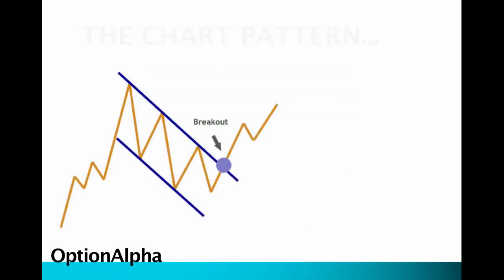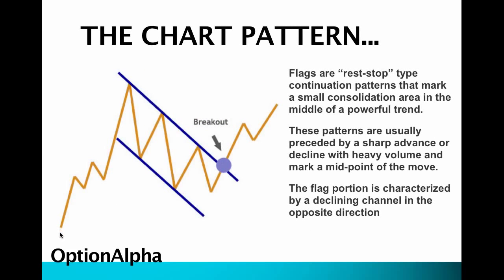But basically what we're talking about here, if I go back, is that from the base in the beginning of the move all the way to the top of the first area of consolidation, you can measure that same distance from the breakout to whatever that point is on the chart, and that's usually what your price target is going to be. It's going to make about the same move that it made before it started to consolidate, which is why I call it the rest stop. It's just kind of stopping halfway in the middle point of a powerful trend and then continuing to move higher.